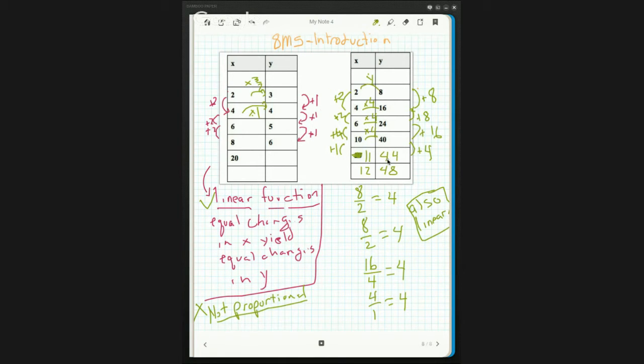And 11 times 4 is 44, and 12 times 4 is 48. So because for every single ordered pair, you can calculate the output by multiplying the input by 4, we can write the equation of that thing as y equals 4x.